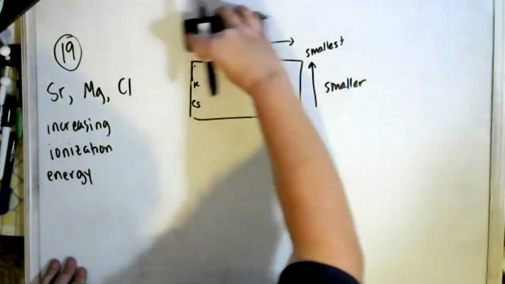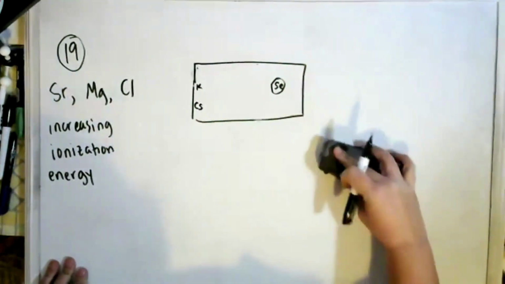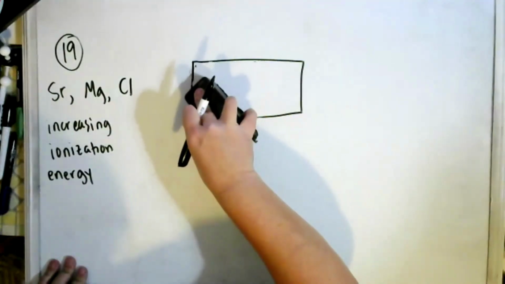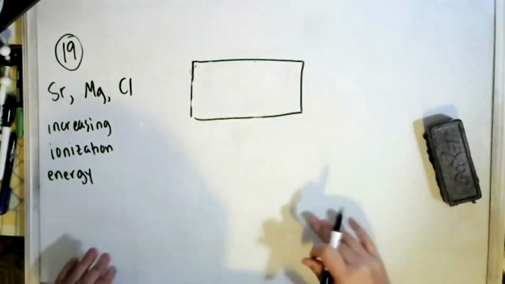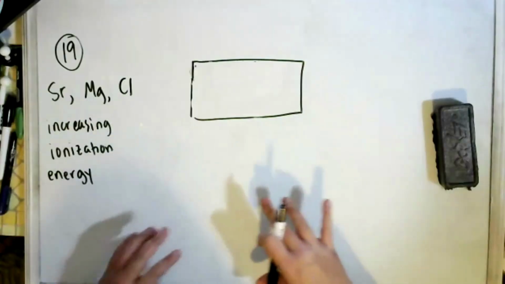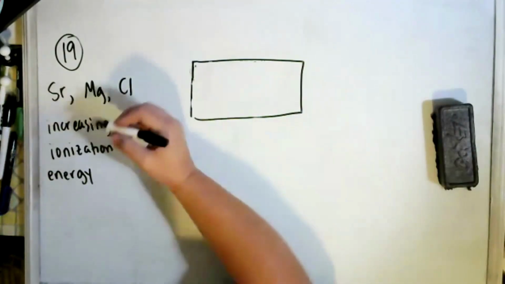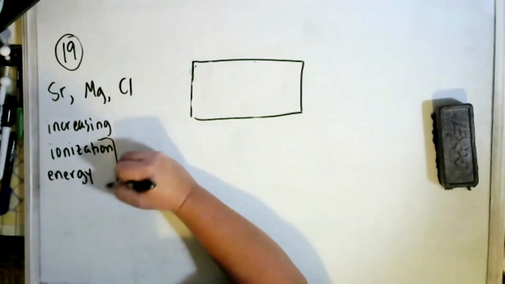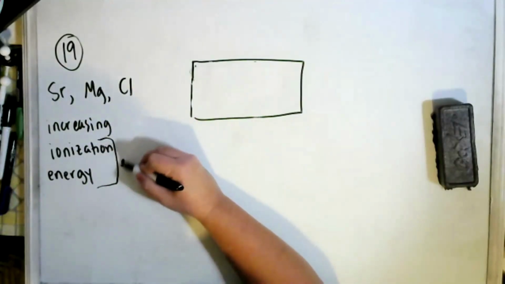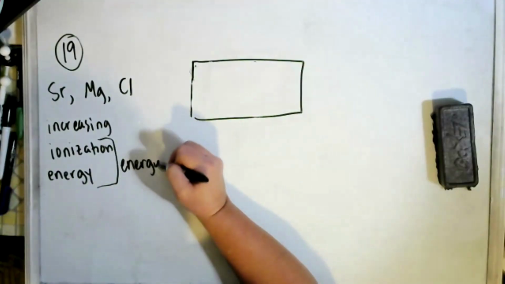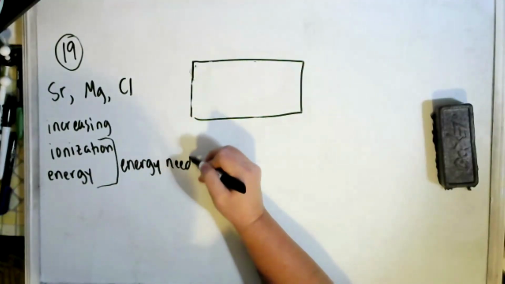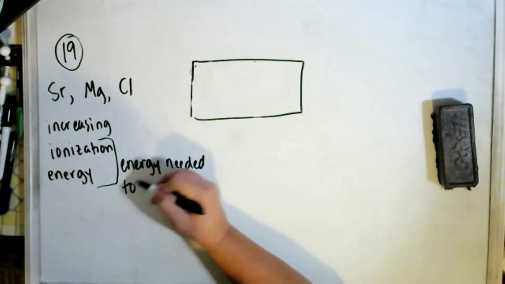All right, and just like we did with the size stuff, we're going to make some trend lines to represent ionization energy. Remember that when we say ionization energy, we're talking about the energy that's needed to remove an electron.